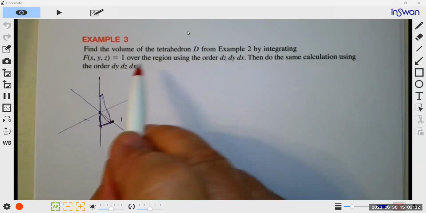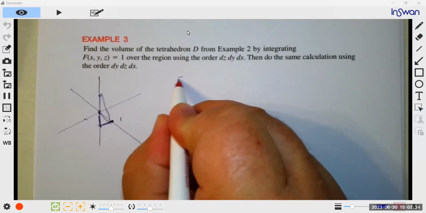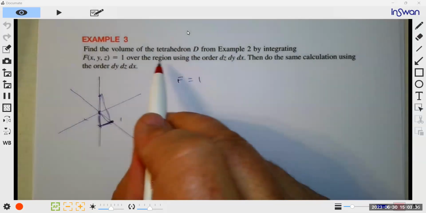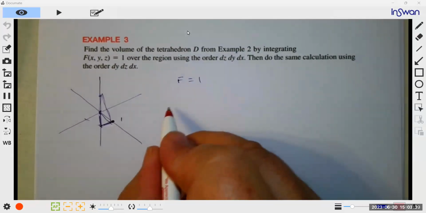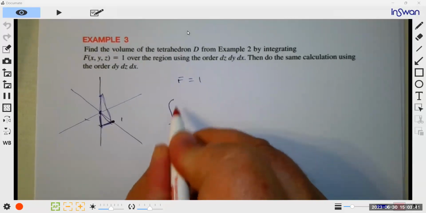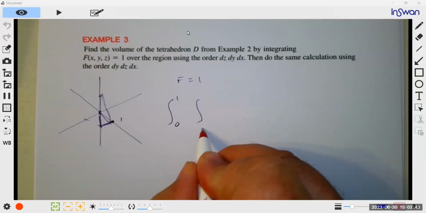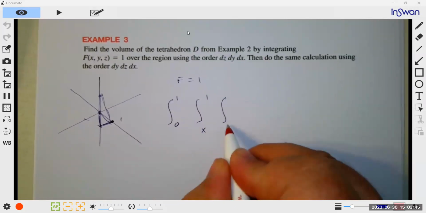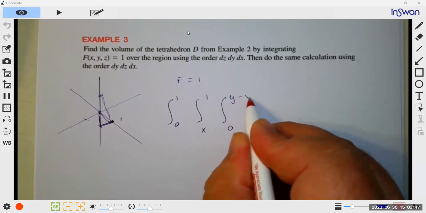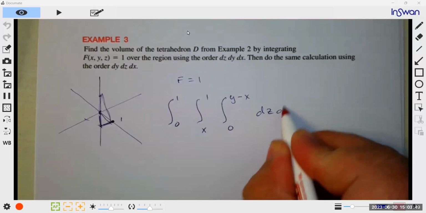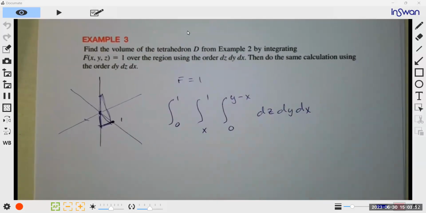Find the volume of the tetrahedron where f equals 1 over the region. So now we have to actually integrate it: dz, dy, dx.